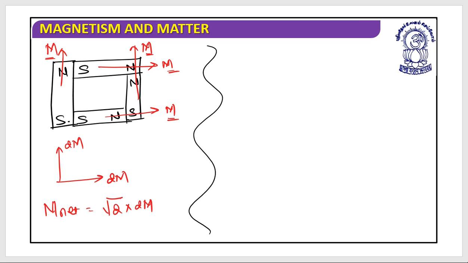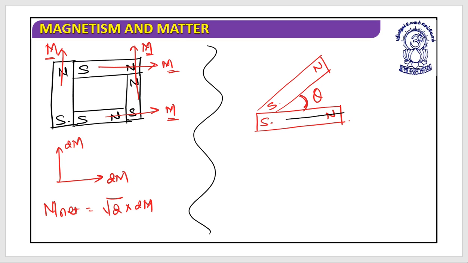Let's have a look. Suppose they have given something like this. This is south, this is north, and this angle is theta.